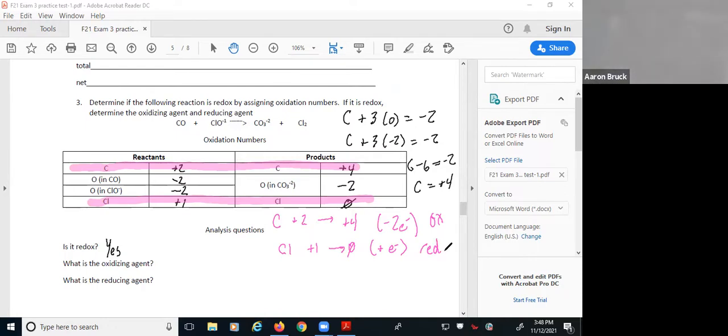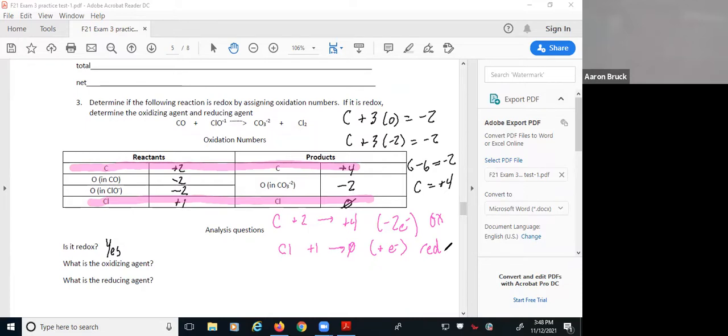Now, that wasn't asked of us, but it's still important. So if you missed this particular item on the chapter 8 quiz, this is what you had to do. You had to assign oxidation numbers, and then we were looking specifically for elements that were changing, elements that were being oxidized or reduced.